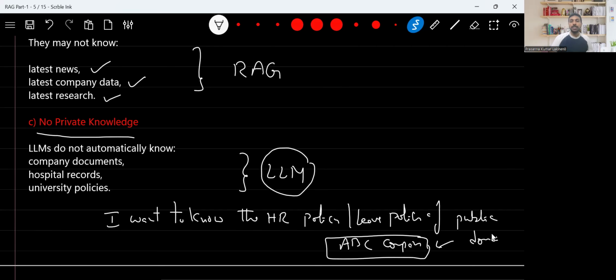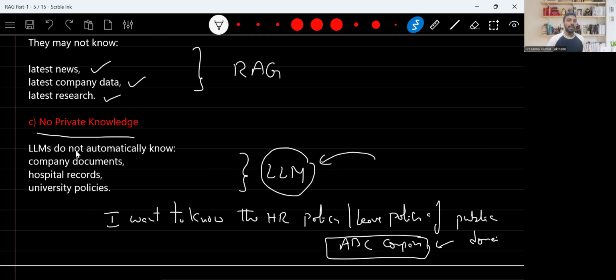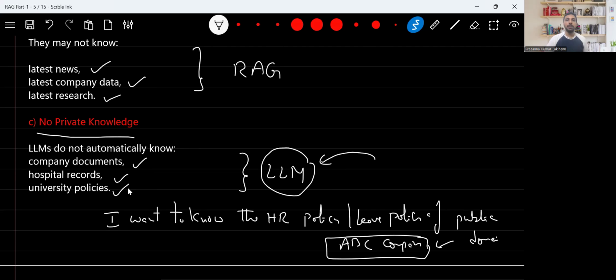Now, if you ask a question about ABC company HR policy to the LLM, what can it answer? It cannot answer properly. It will say something. That is the problem with LLMs. So LLMs do not have companies' documents, hospital records, and university policies, which are private policies of a company.